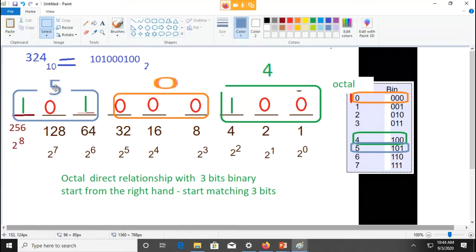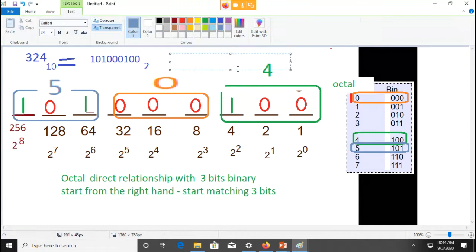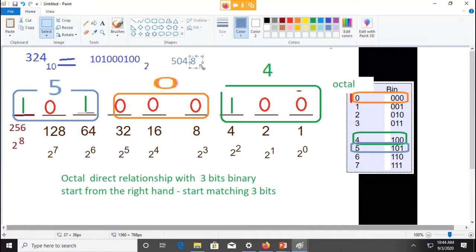And so in octal, we have 504 base 8, which is equal to 324 base 10, or 101,000,100 base 2.